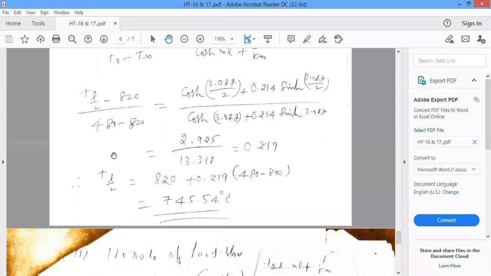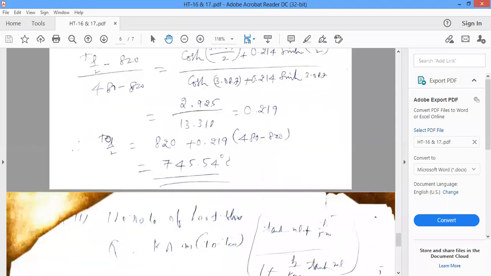So the temperature at x is equal to L by 2, or at the middle of the fin, is 745.54 degrees centigrade.